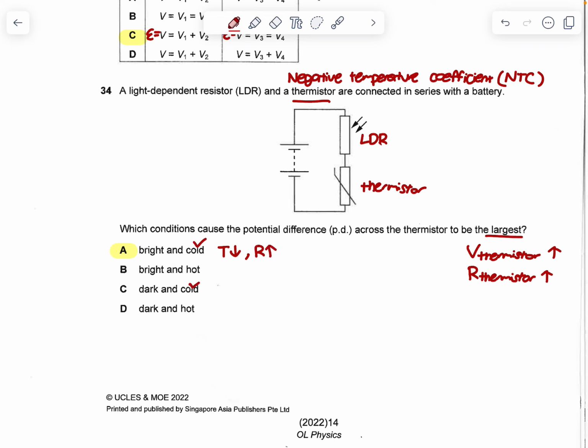So cold. And also, you want less voltage output at the LDR. You want the LDR resistance to decrease. And for that to happen, it's under the bright condition. So you can remember the example of the street lamp. When it's very bright, the resistance is low, the street lamp turns off.